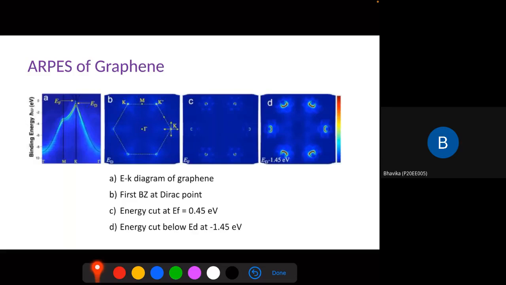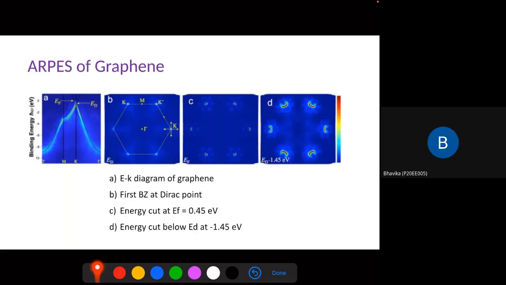But these are all still intrinsic mobilities. When you make devices, a lot of other factors come in which reduce the actual charge carrier mobility in graphene. Another interesting reason why you have this high intrinsic mobility is that the charge carriers almost behave like relativistic quantum particles, so they move in an almost ballistic manner.